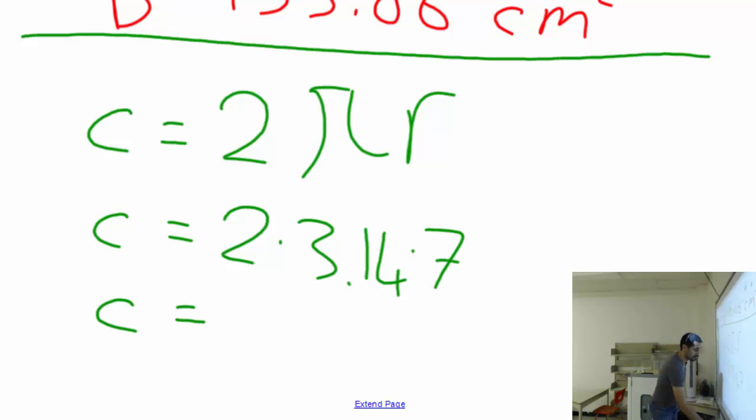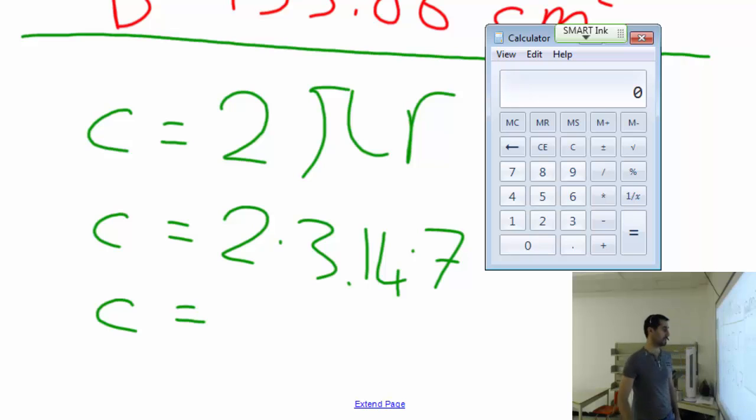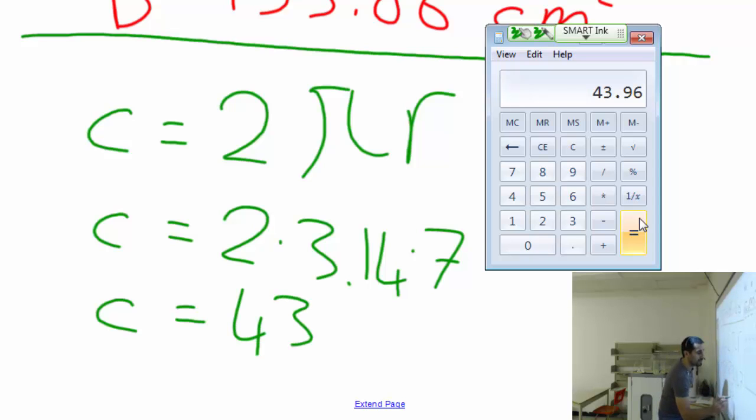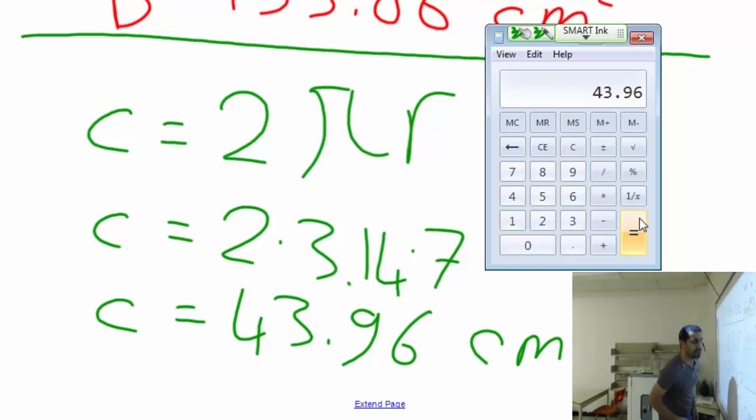So let's use the calculator to get that. 2 times 3.14 times 7, which is 43.96. Unit is centimeter. Do I need square or the cube here? None of them.